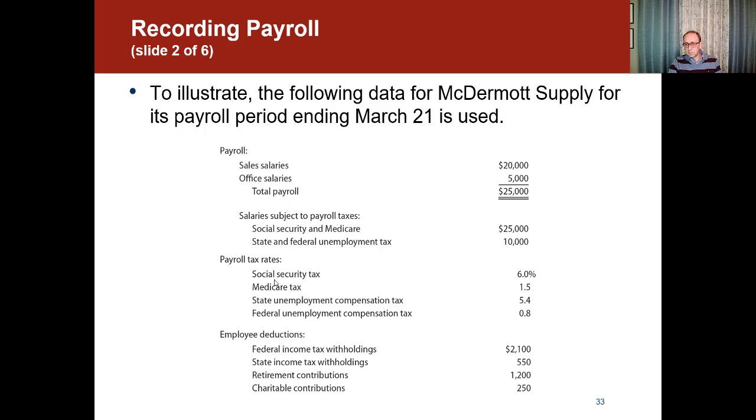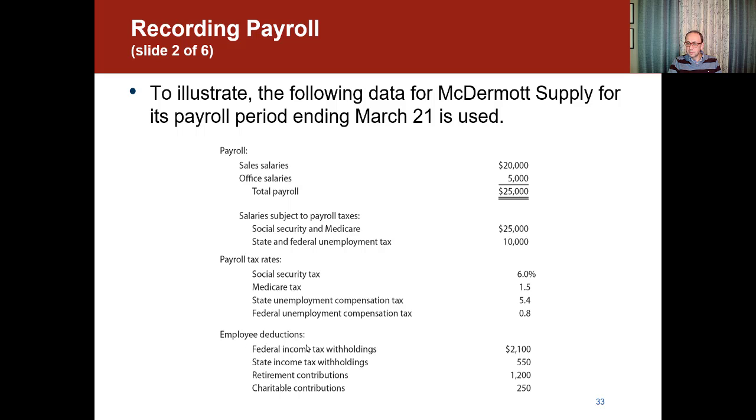The tax rates, and again, this might be different from what we see in real life, but we are having it here for simplicity. Social Security tax would be 6%, Medicare is 1.5%, SUTA is 5.4%, and FUTA is 0.8%.